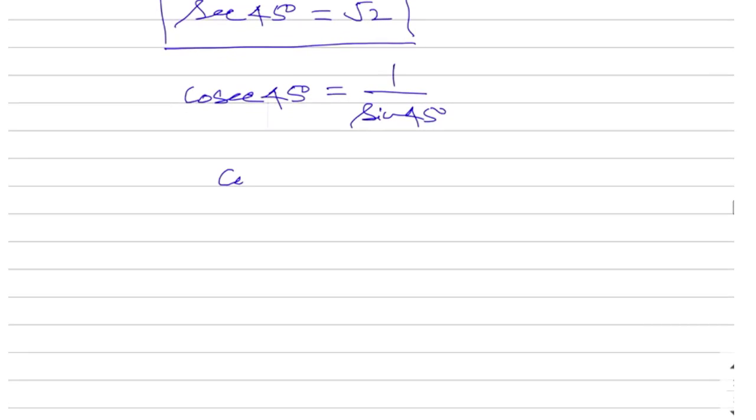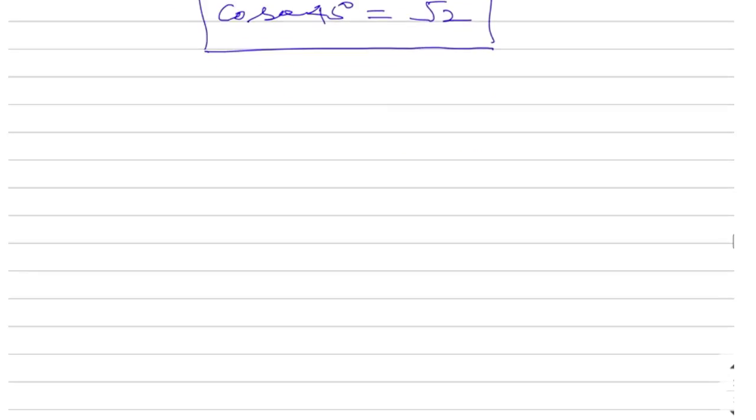Therefore the cosec 45 degrees equal to root 2. So this is the value of cosec 45 degree.